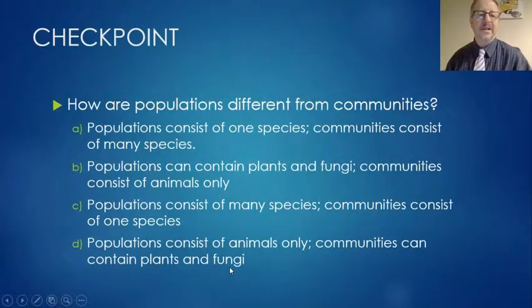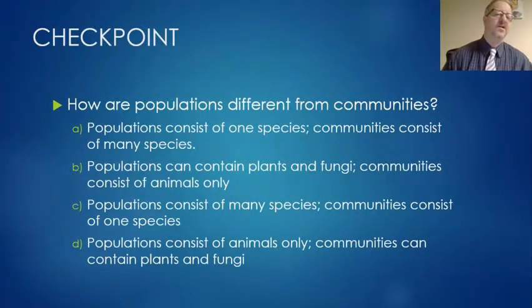All right, so let's think about this question for a moment. The question is, how are populations different from communities? Is it A, populations consist of one species, communities consist of many species? Or is it B, populations can contain plants and fungi, whereas communities consist of animals only?